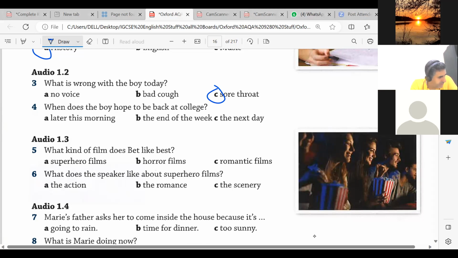And question 4, the end of the week. B, the end of the week. The next day. C. Yes, because the end of the week, Khalid, he has a test on it. Not exactly a test, a singing test.